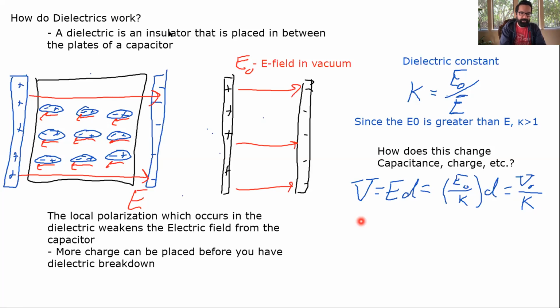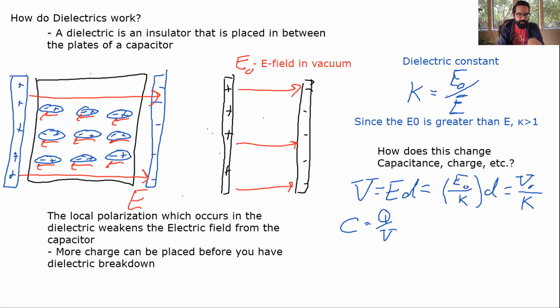So for capacitance, well, we know C equals, let me use this equation, Q over V. The Q is the charge on the capacitor.